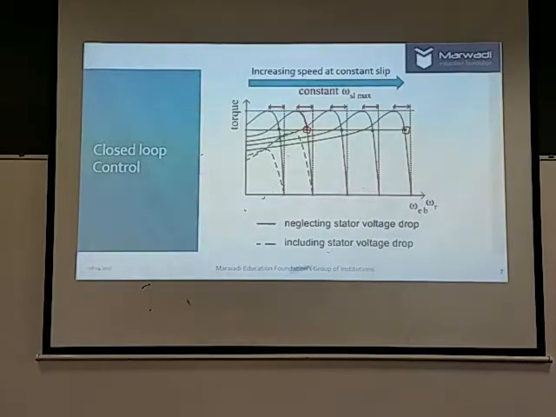Of course there are curves in between which we have not shown, but the command will follow and the maximum slip will be maintained. So as you can see, we are trying to reach the speed with maximum slip.